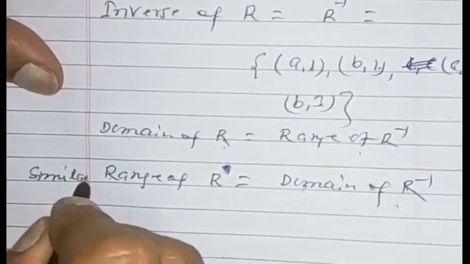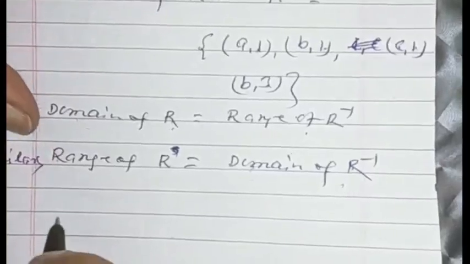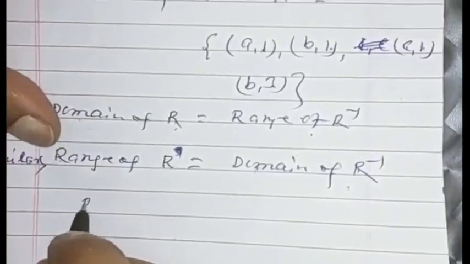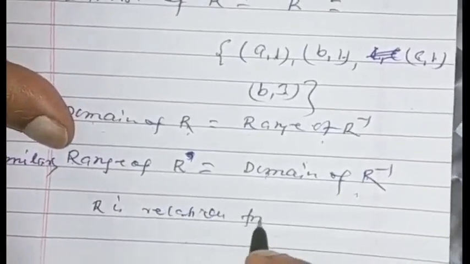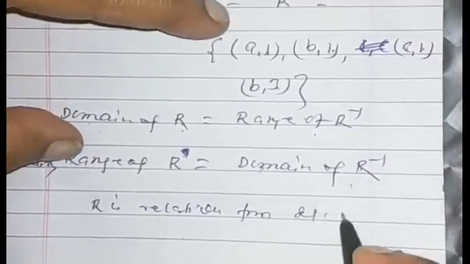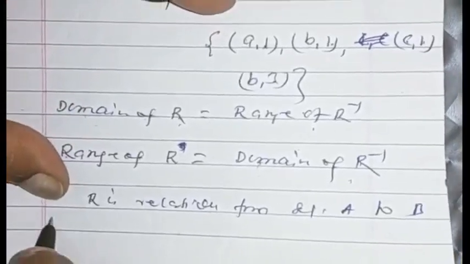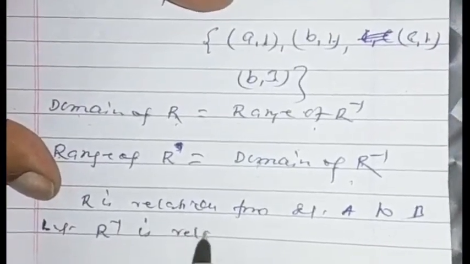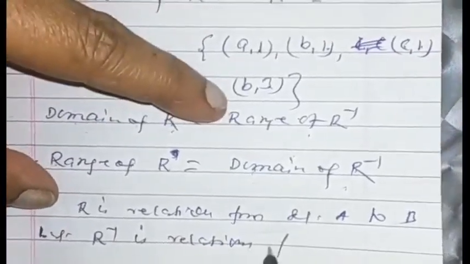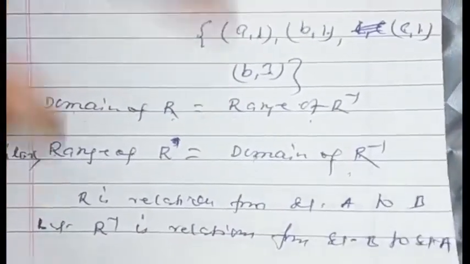Similarly, range of R is equal to domain of R inverse. Also observe that R is a relation from set A to set B, but R inverse is a relation from set B to set A. This is the meaning.